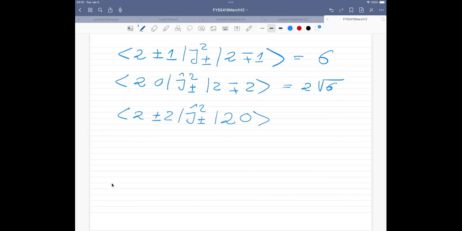So this will then link matrix elements in the Hamiltonian where we have a Jz equal to 2 or -2 to a Jz equal to 0 element. And if I just plug in the values, I will get 2 times square root of 6 here. And then we can continue with all the possibilities which we have to 0.